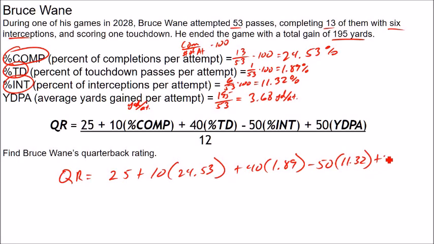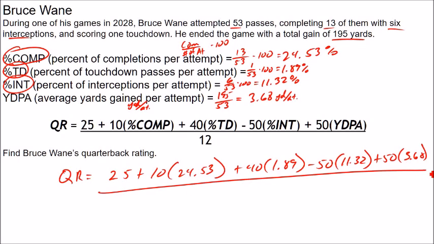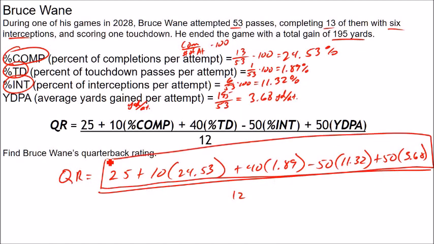And then plus 50 times the yards per attempt was 3.68. And we're going to divide this whole thing by 12. Now, here's my suggestion when you go to type it in the calculator. I wouldn't suggest typing the whole thing at once. I would suggest typing in the top part first, getting an answer, and then coming back and dividing by 12. So here's what I mean by that.